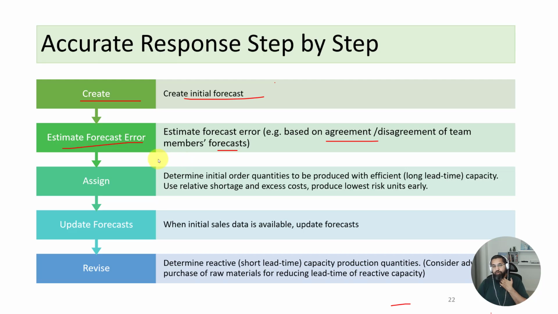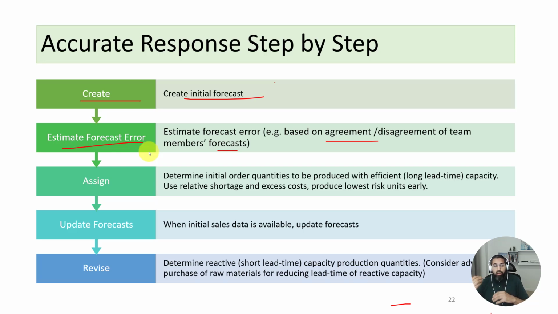One way you can estimate forecast error is to look at your team. Let's say you have a team of 5 or 10 or 7 people doing the forecasting for certain SKUs. And you can look at if the same team or similar teams worked last year. When these teams disagree with each other about the forecast for an SKU, the differences in their forecasts can predict the actual forecast error that happens by the end of the season.